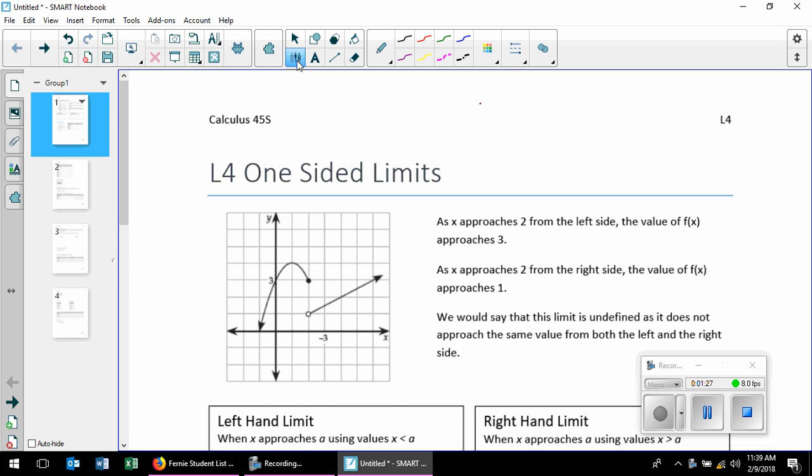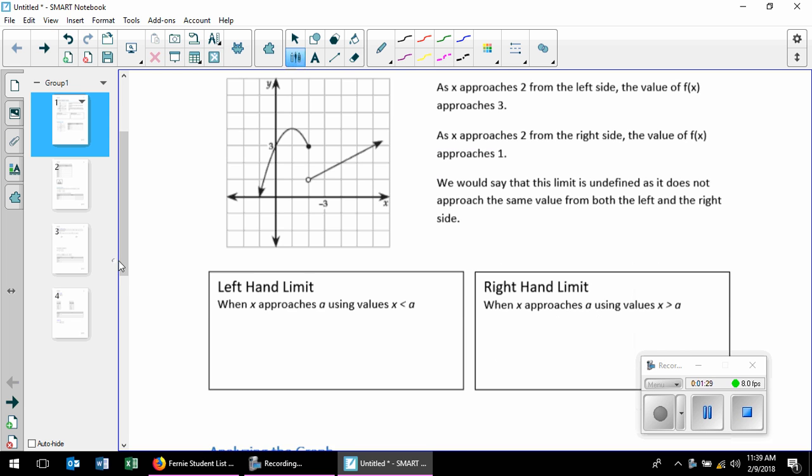We've talked about that. So the notation for a left-hand limit is simply, and we looked at this before, as x approaches a value from the left-hand side of the function. So we indicate that it's the left-hand side by putting a negative. It doesn't mean the values are negative, it just means that you're coming from the negative direction.